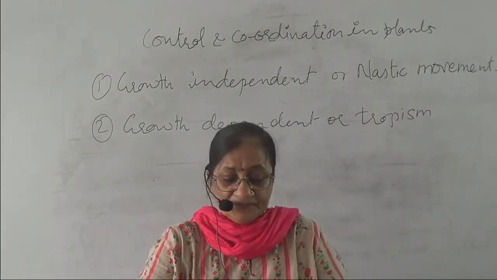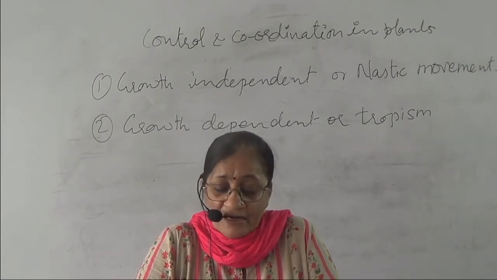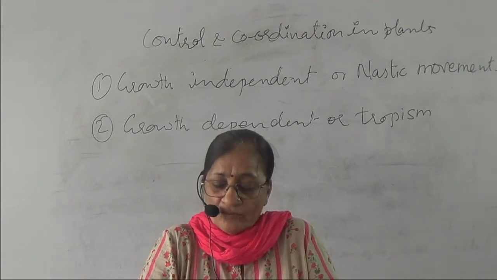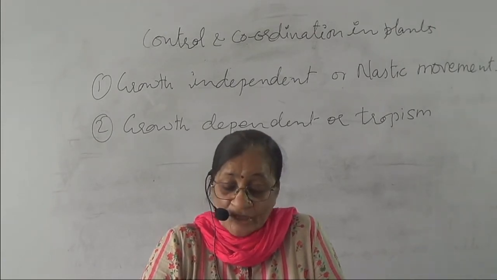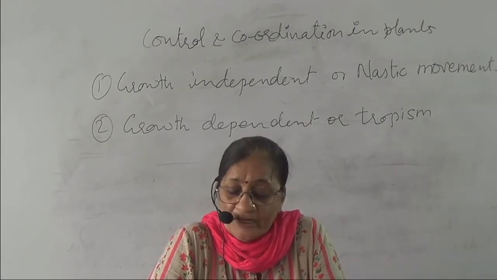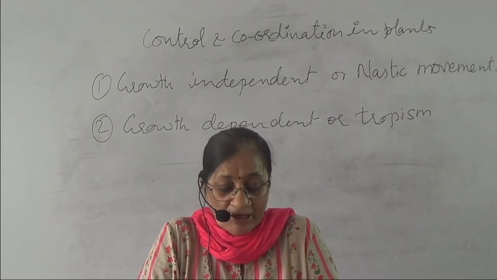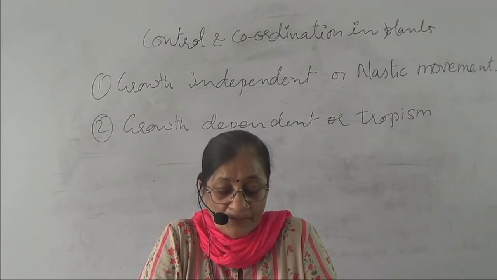The meaning of tropism is the directional response of a plant towards or away from the stimulus. As we see, tropic movements are very slow because they show growth in plants.